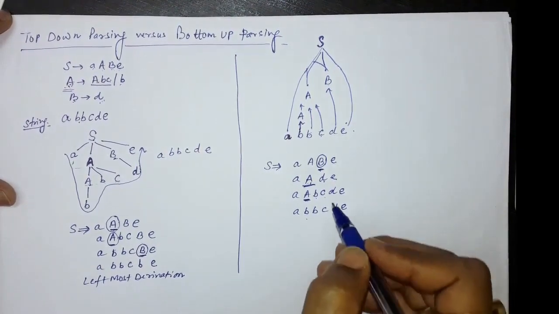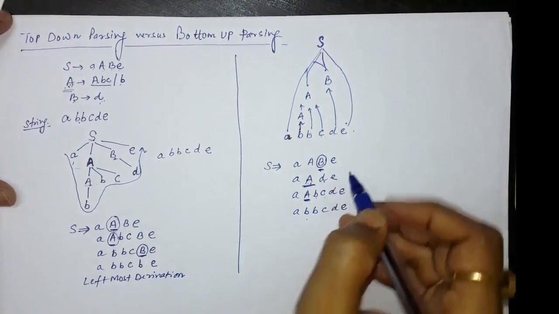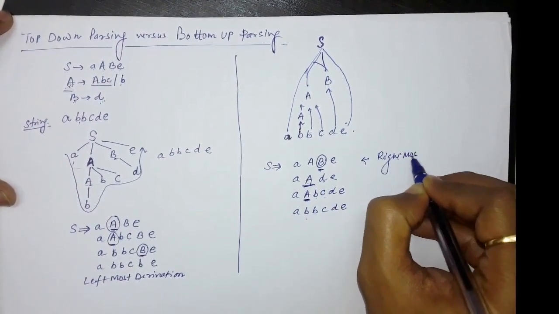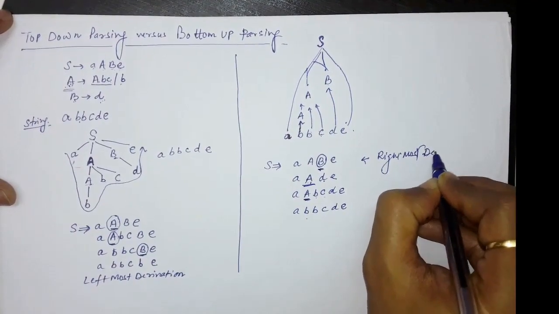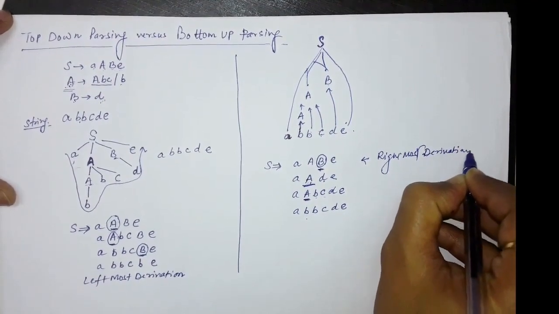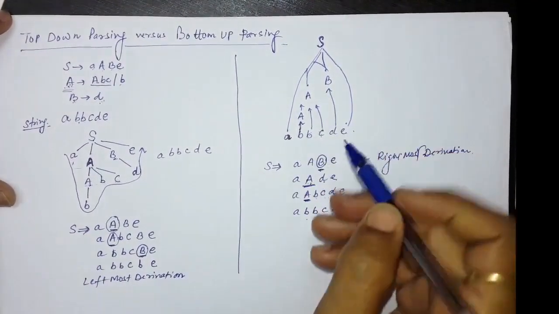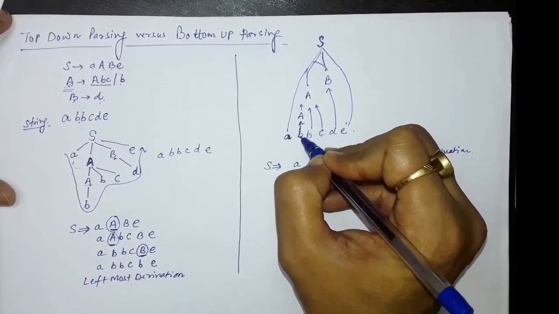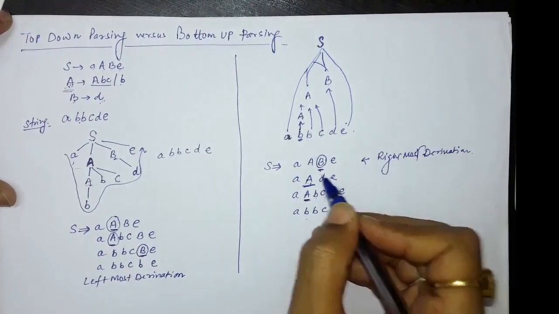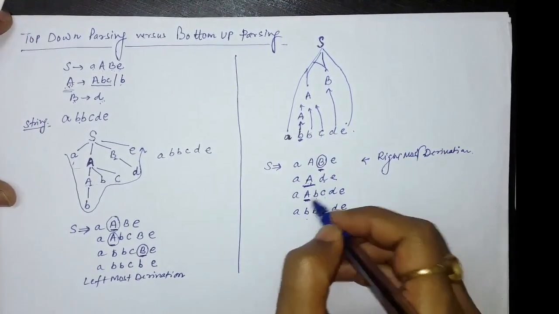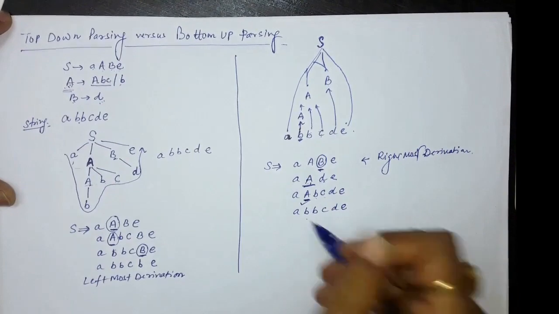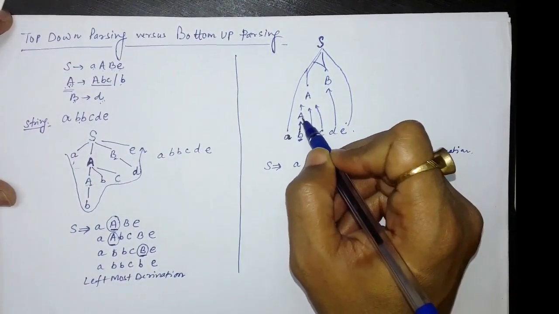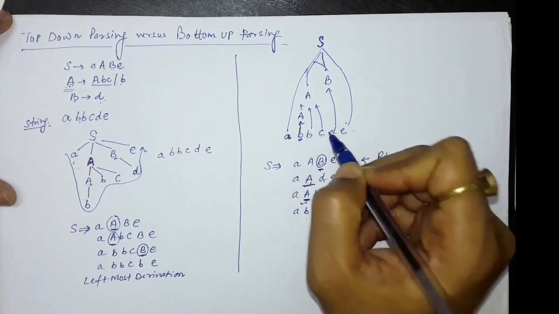Now if you see what is happening here, we have actually performed the rightmost derivation. And let us match this rightmost derivation with the derivation tree. So in the derivation tree, we have done A produces b first. This was the first reduction. Next we have done A produces ABC.